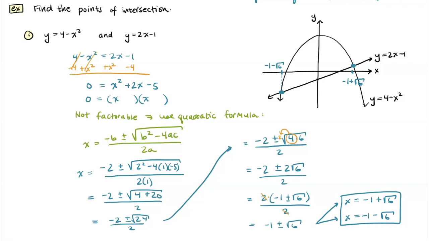And that is it. So if we wanted to find the y values of these points, I'm not going to have us do it in this particular example. But if we wanted to find the y values, which I believe your second homework assignment does ask you, this point here would have the y value here, and this point here would have the y value here.